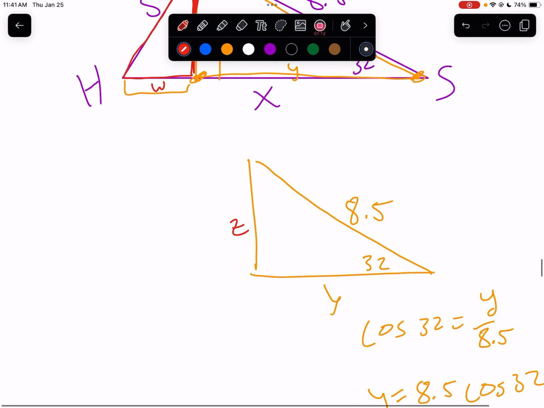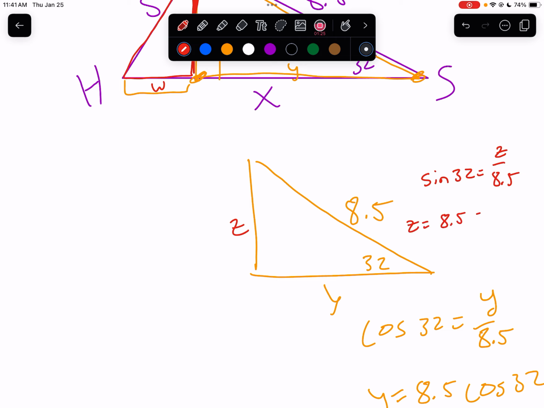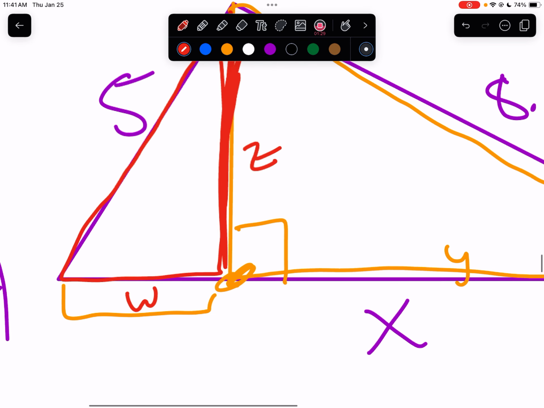So can I solve for Z? The answer is yes. To solve for Z, that would be the sine of 32 equals Z over 8.5. So Z is 8.5 sine 32. So in our picture here, this equals 8.5 sine 32.